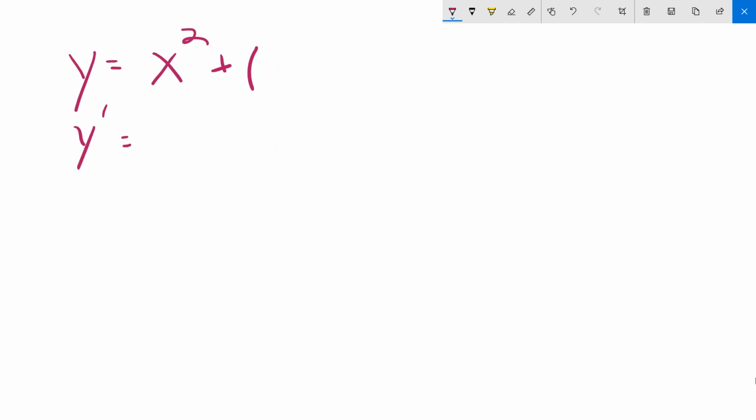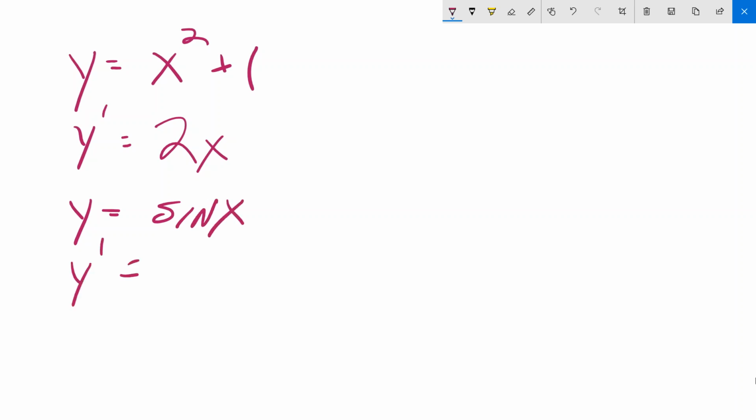All right, so that is 2x. The y prime one is cosine x. That's right.